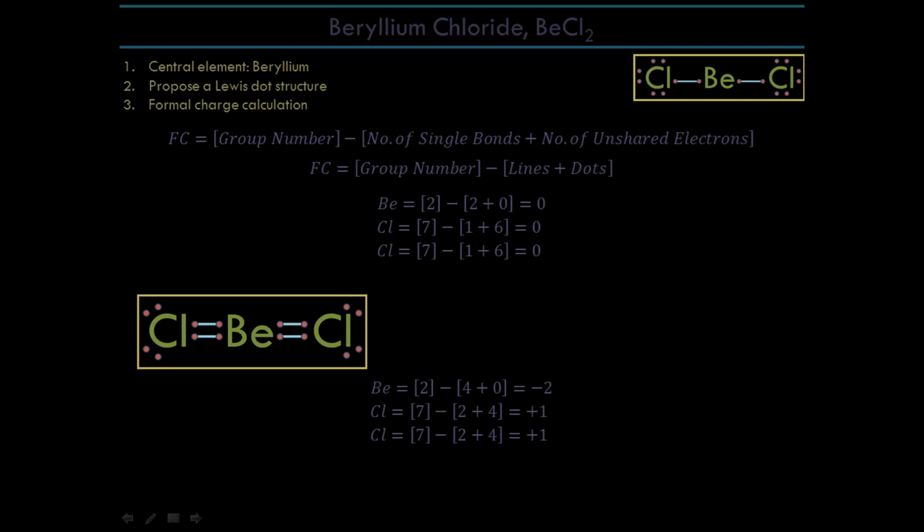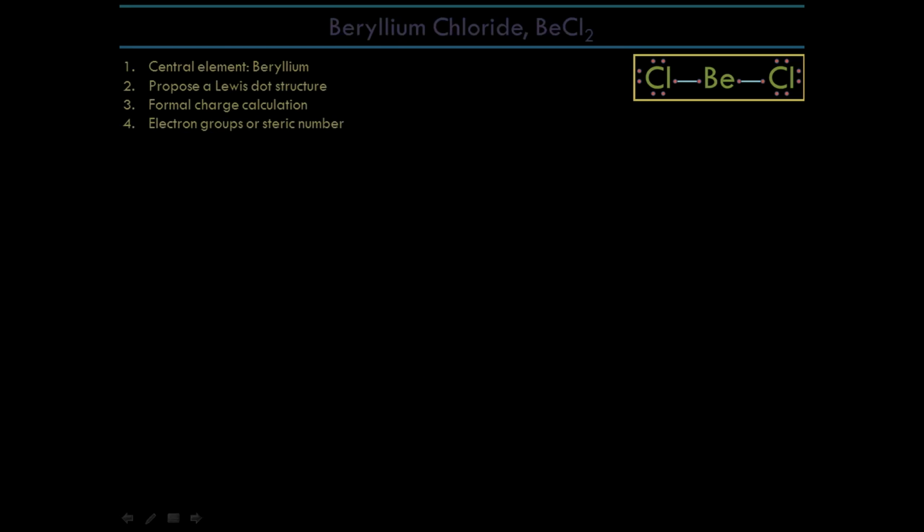So this one, compared to this, is not that stable. So we'll choose this formal charge computation, and this is based on this structure. So this structure is more stable compared to this one. And in fact, beryllium chloride has this configuration. Single bond with each chlorine.